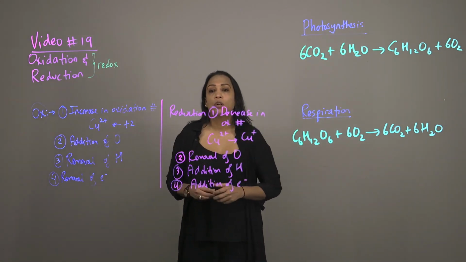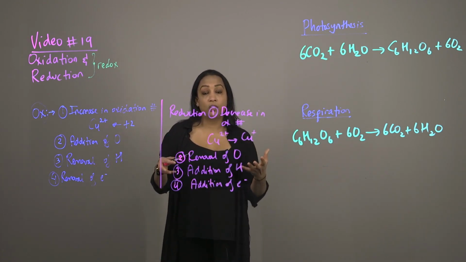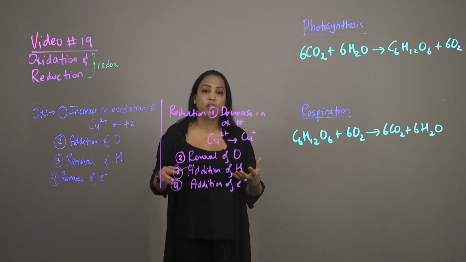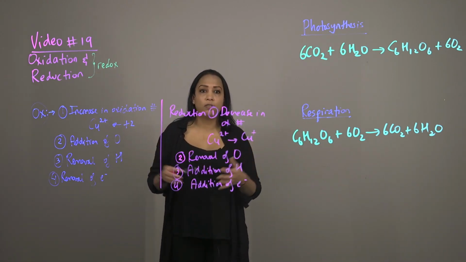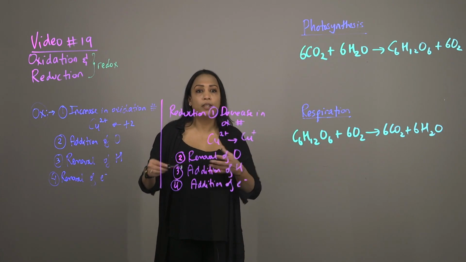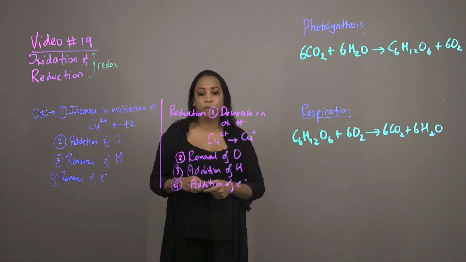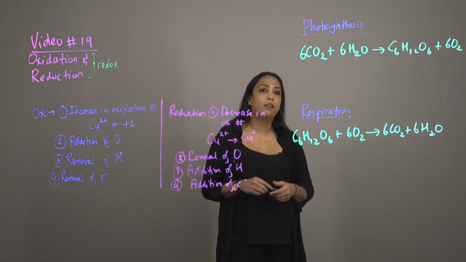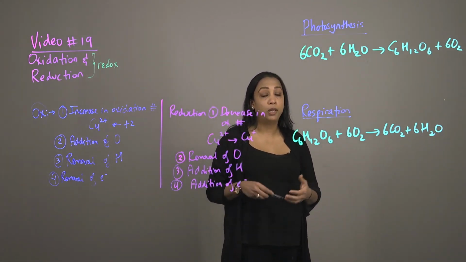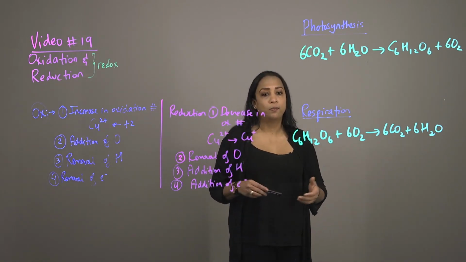Okay? So it's very important to be able to remember these various definitions of oxidation and reduction, so that when you come across these situations in a chemical reaction, you can then identify this is being oxidized or this is being reduced. So if we want to look at two very common reactions that we're going to meet as we explore biology, photosynthesis and respiration.